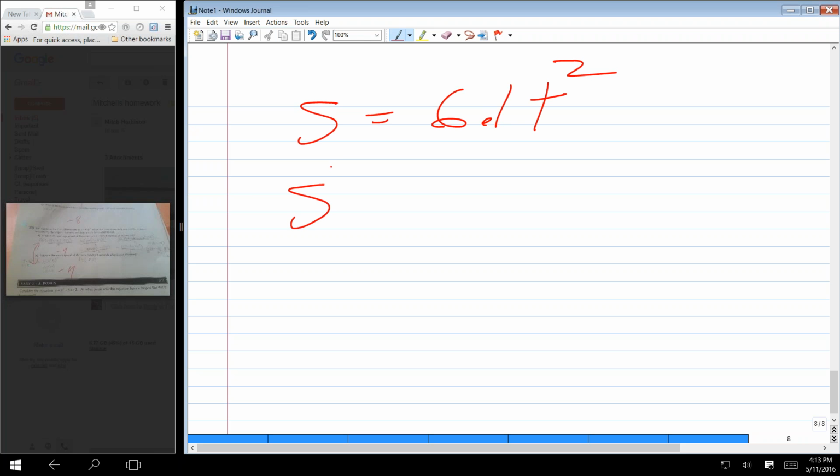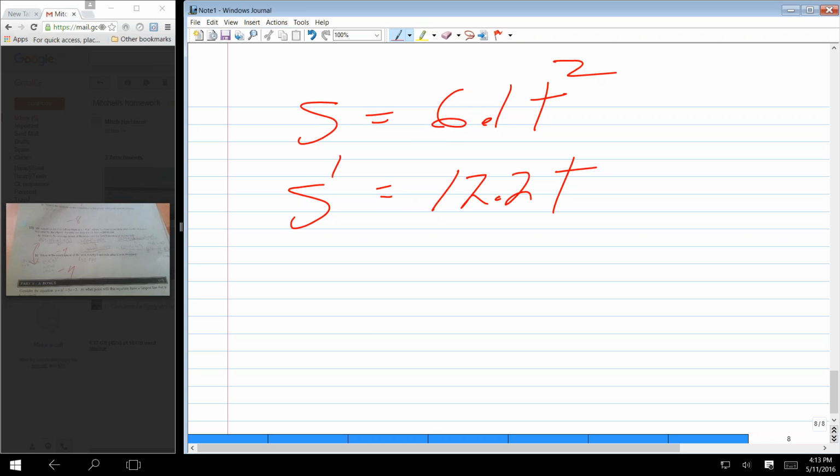If I want s prime, the first derivative, I take that exponent, multiply it by the coefficient, and subtract 1 from the exponent. That's how hard it is, right there. It gave me the same answer, right? 12.2 t. Only it took about 5 seconds to do it instead of 3 minutes.